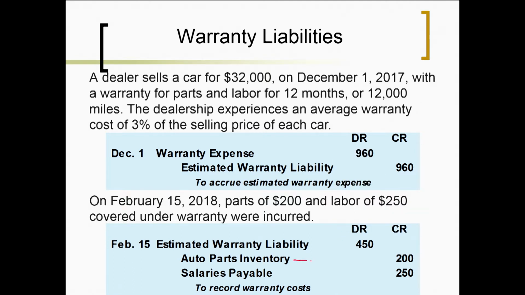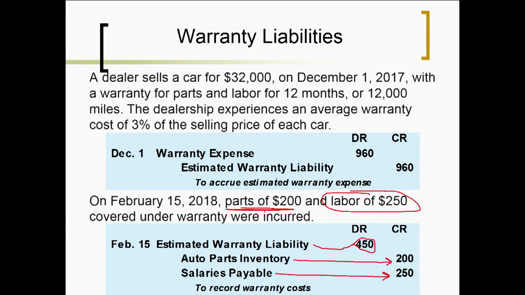We would decrease auto parts inventory by crediting it for the amount of parts that we had to use, right? We would accrue $250 of salaries payable for the labor, and we would reduce our estimated warranty liability by $450. Okay? You with me?